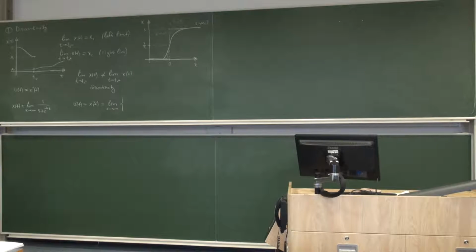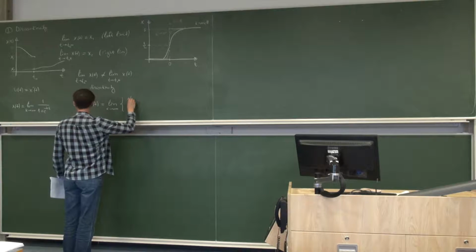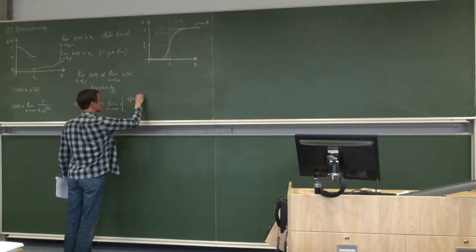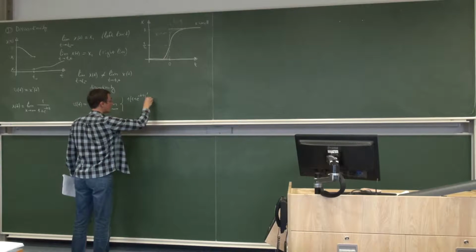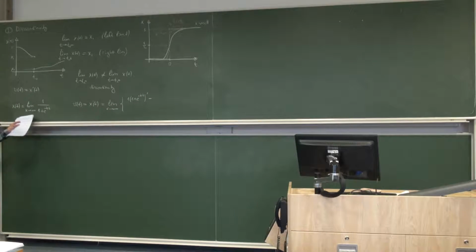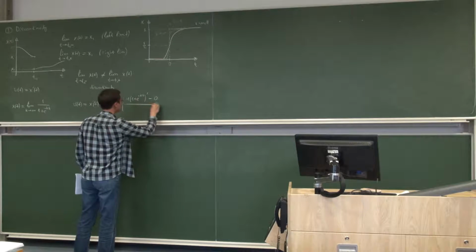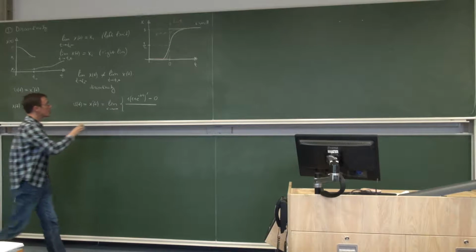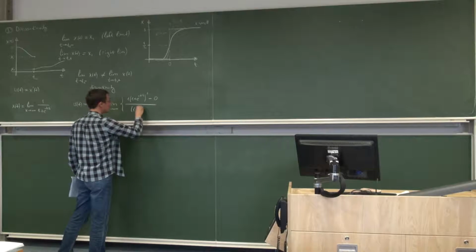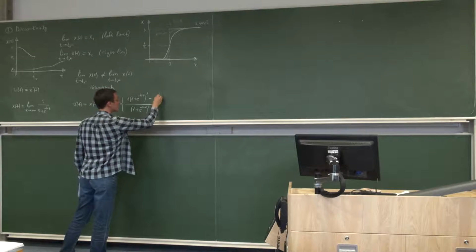Well, as you well remember from school, when we have the derivative of a ratio, it's denominator times numerator prime minus numerator times denominator prime, but numerator prime is 0, so that is 0, divided by the denominator squared. 1 plus e to the minus kt, squared.